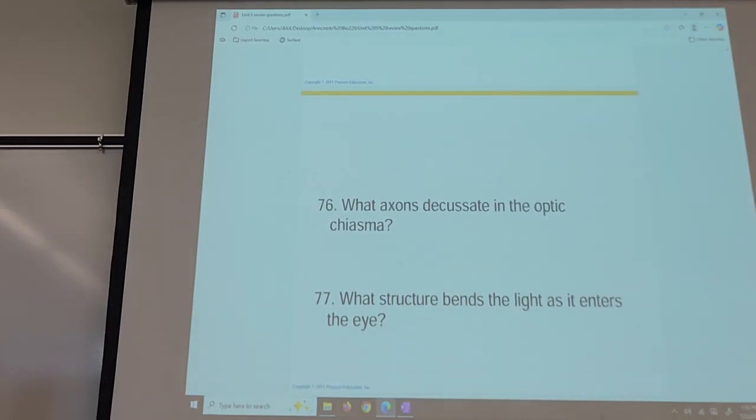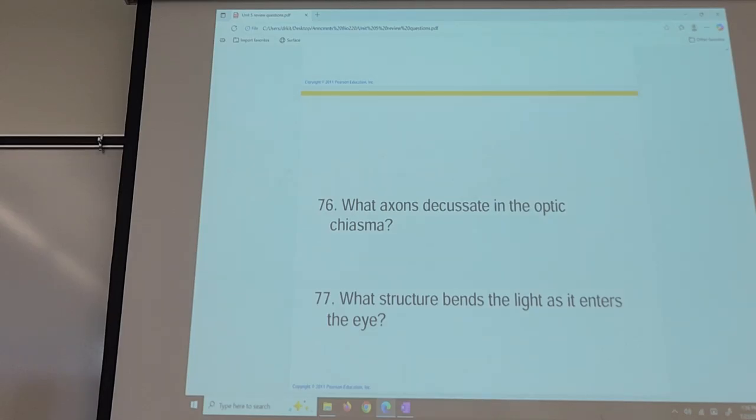Even anterior to the lens, the cornea. So the cornea and the lens can direct light. What else? Think fluid. The vitreous humor can direct light directly to wherever on the retina it needs to go.